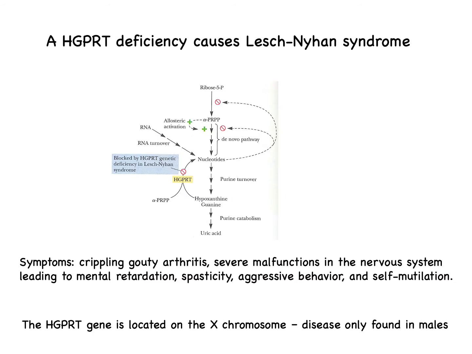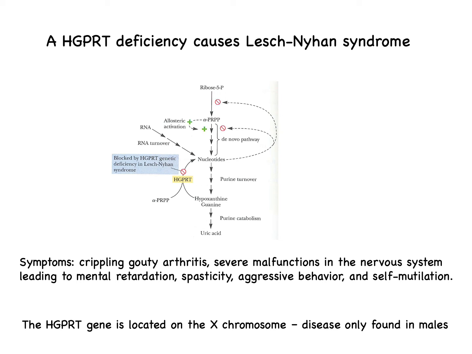Now we're talking about HPRT, and that's, again, the enzyme in the salvage pathway for both guanine and hypoxanthine. And this is a diagram showing the synthesis and then breakdown of guanine, starting with ribose 5-phosphate and going to uric acid.